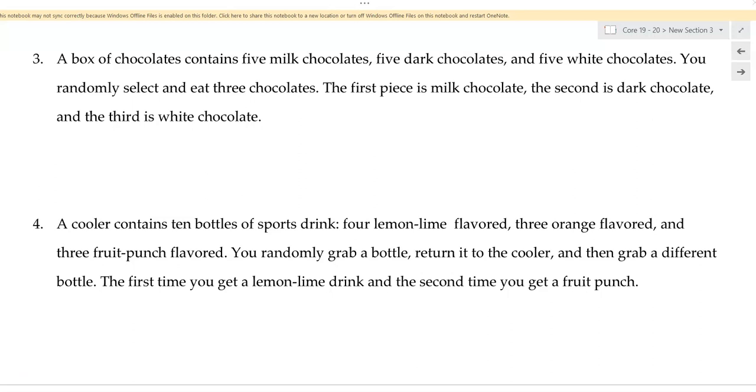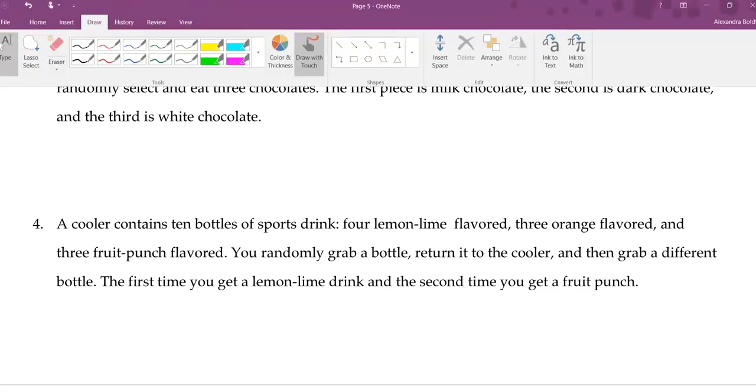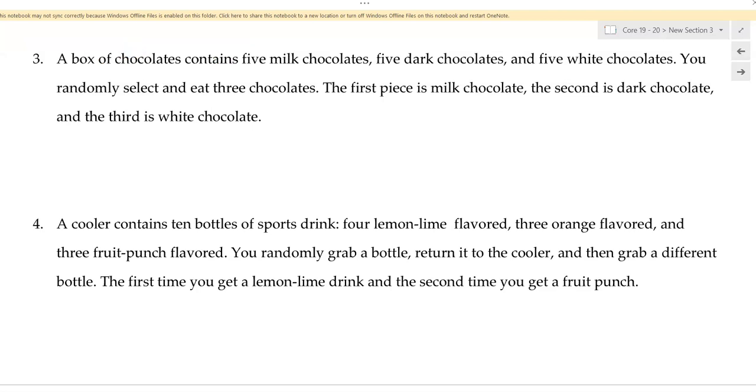If I eat my first chocolate, right, when I eat that chocolate, I now only have 14 chocolates. When I eat my next chocolate, I now only have 13 chocolates that I'm choosing from. Okay? So, and then I eat that one. Right? So again, if I'm eating them, I'm not putting them back. So sometimes you have to think about, is this a putting it back or not putting it back situation? Sorry, guys. So I'm not putting it back, and so therefore it is dependent.